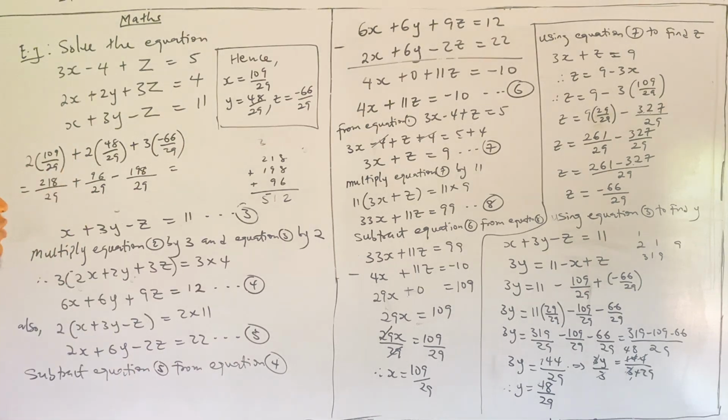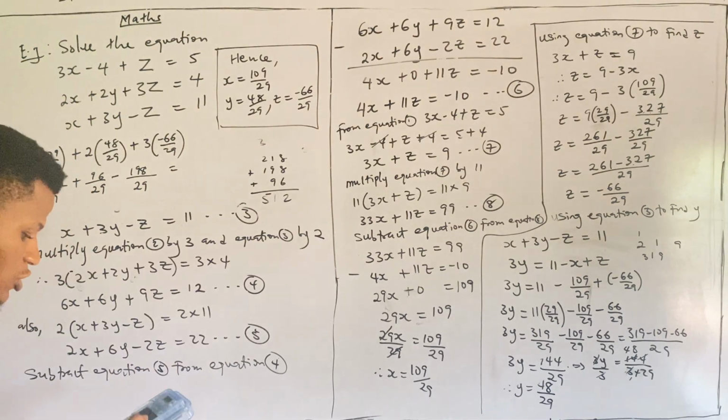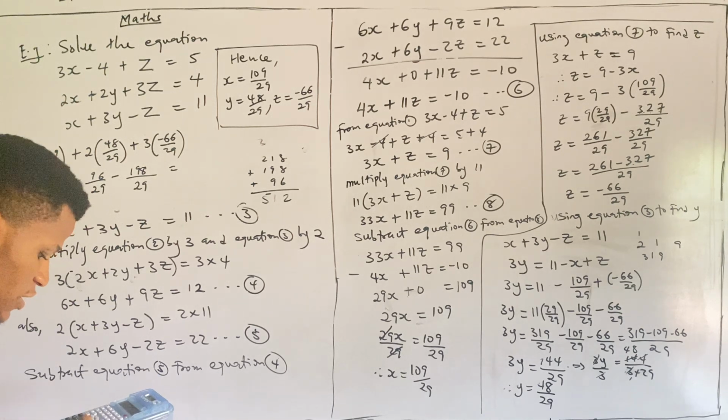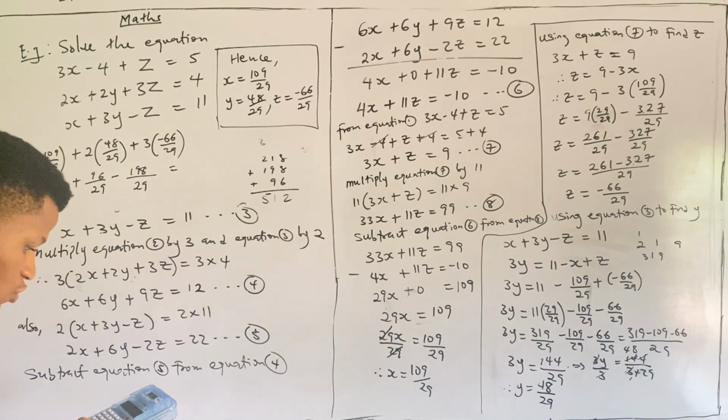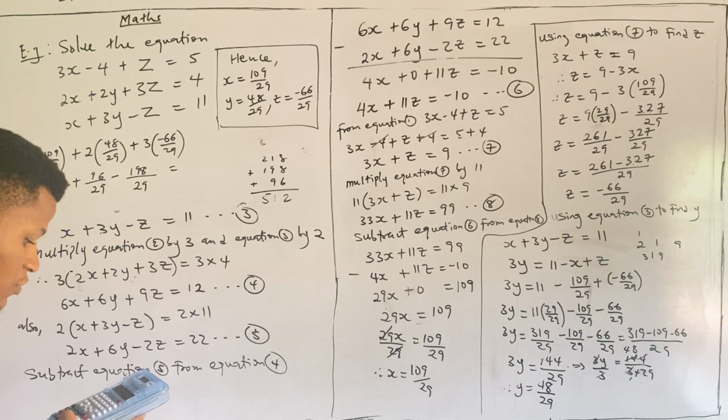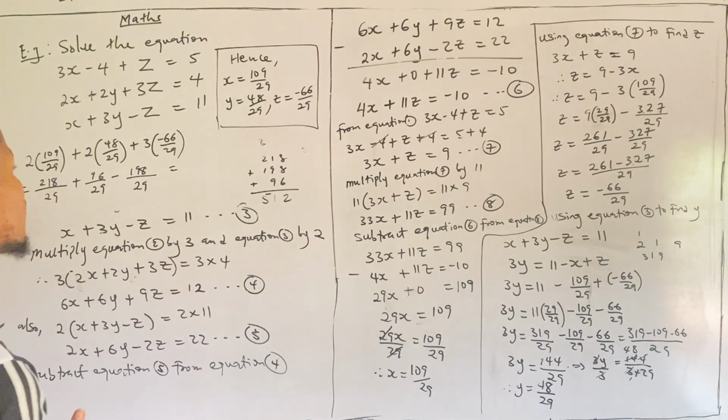Right? So we can confirm it on calculator. So here we have 218 plus 198 and plus 96. So we are left with 512.